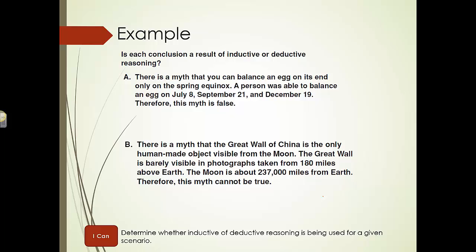Was this person drawing a conclusion based on general observations or specific instances? July 8th, September 21st, and December 19th are all very specific instances, and they made a general conclusion that the myth was false, so they were using inductive reasoning.